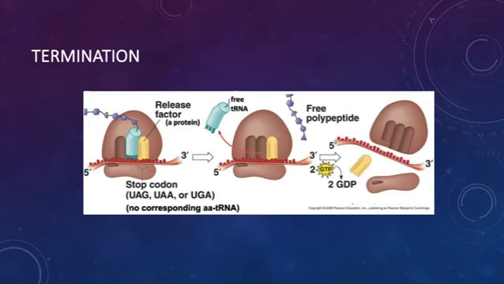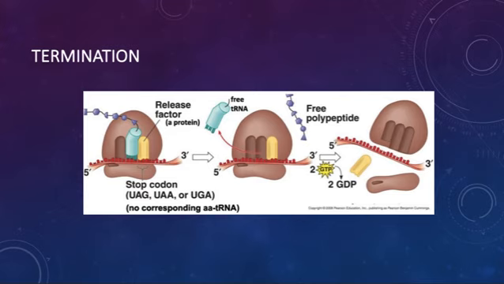The deacylated tRNA is also released, and the releasing factor is also released. And then there are copies of the same proteins, and many ribosomes are attached to the mRNA, and we call these polysomes. And then the polypeptide chain is released, leading to the formation of the proteins, right?